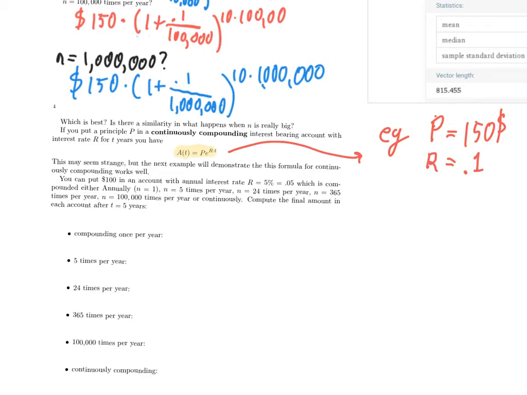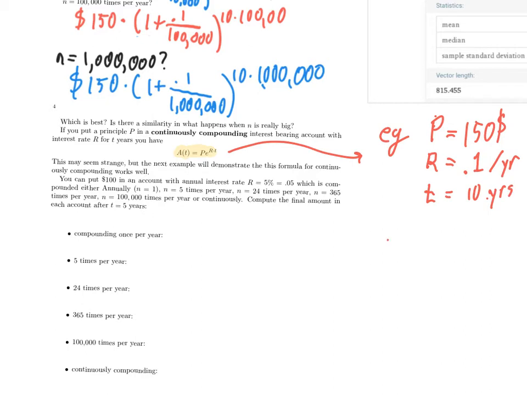Then let's see what happens after a total time of 10 years. So the rate is 0.1 per year, so 10% per year. T is 10 years.